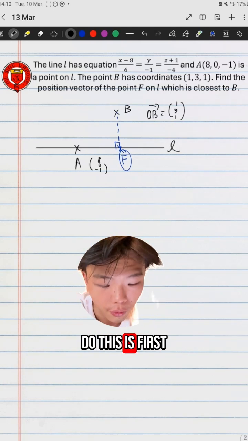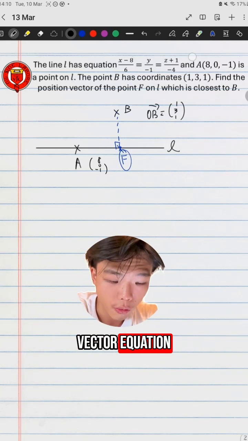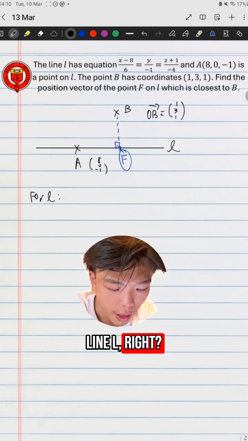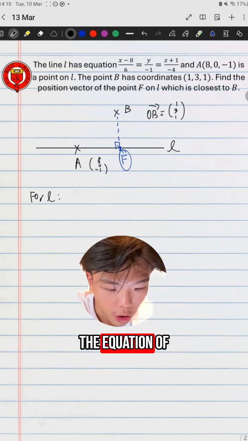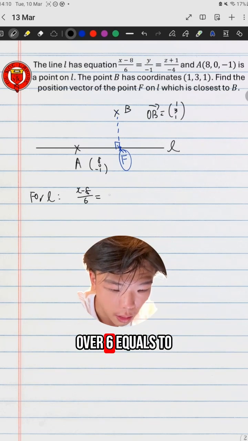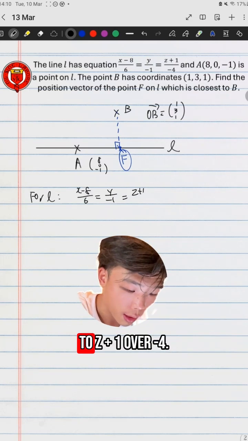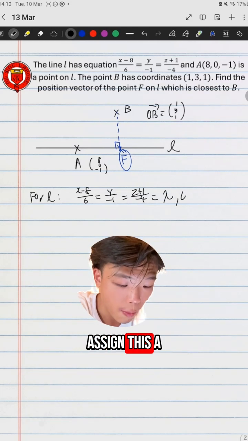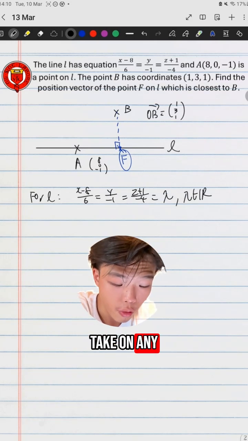So the way we do this is, first and foremost, let's find the vector equation of the line. So for line L, we know that the equation of the line is (x - 8)/6 = y/-1 = (z + 1)/-4. And now we have to assign a parametric. So I'm just going to assign this a parametric, whereby the parametric can take on any real values.